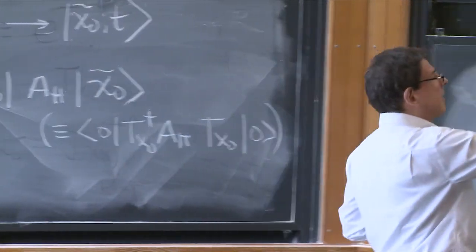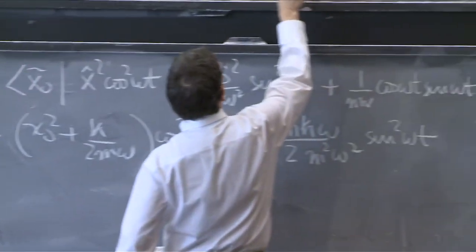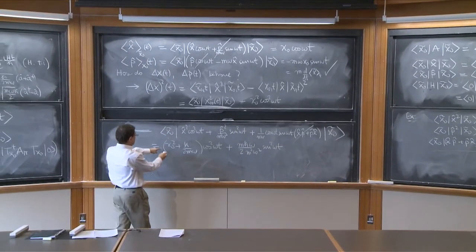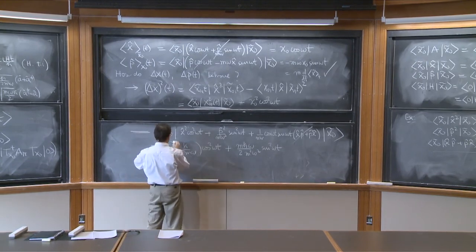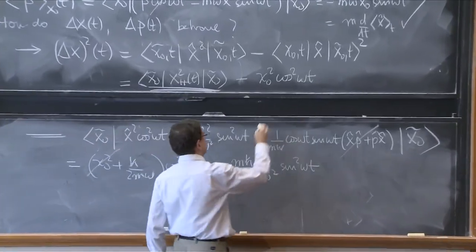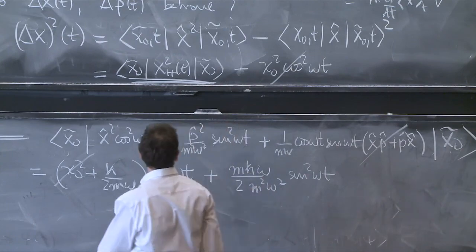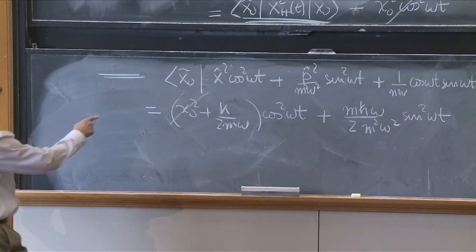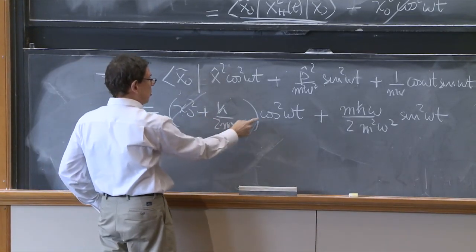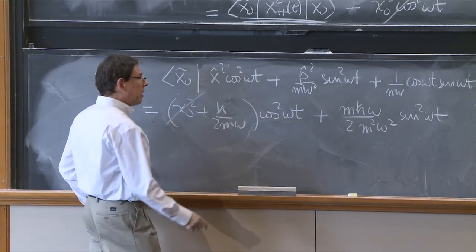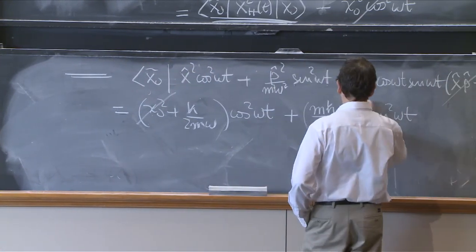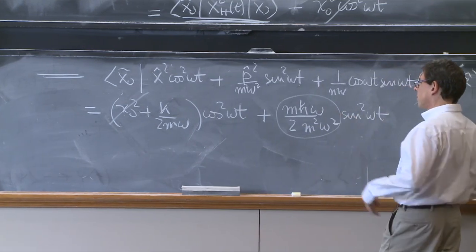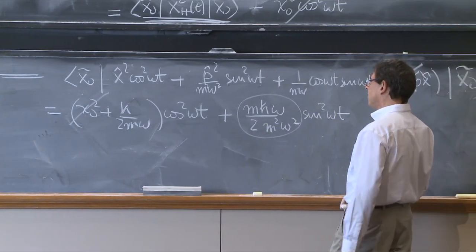And that's this whole term. And the thing that we're supposed to do is subtract this here. You see that the x naught squared cosine squared of omega t cancels here. So what do we get? h bar over 2m omega cosine squared omega t. But this thing is also h bar over 2m omega sine squared omega t.